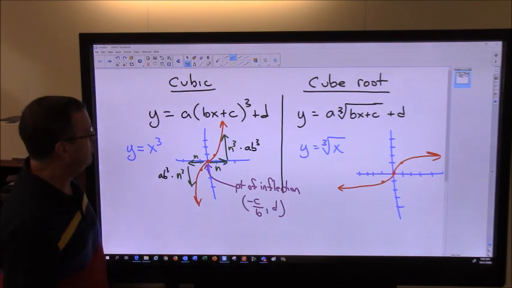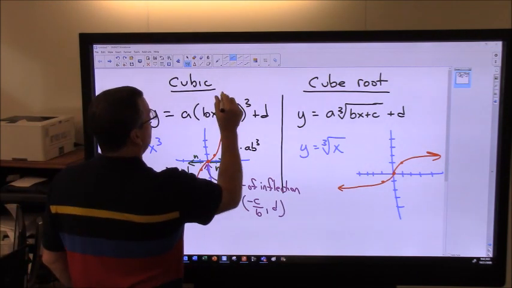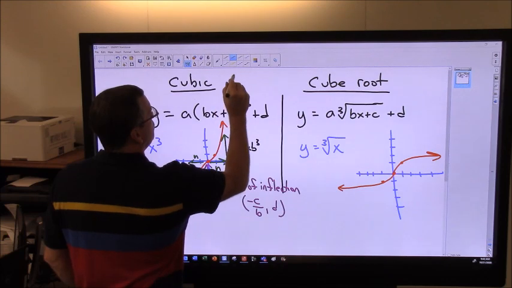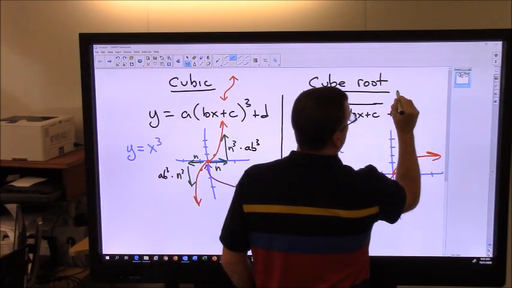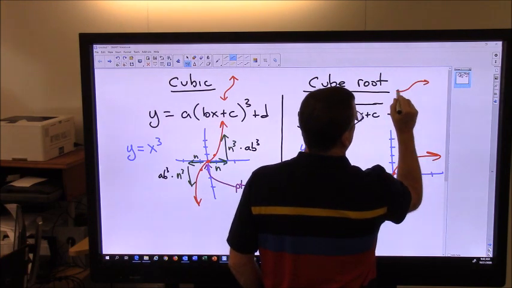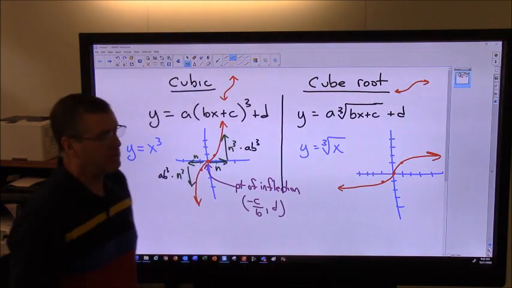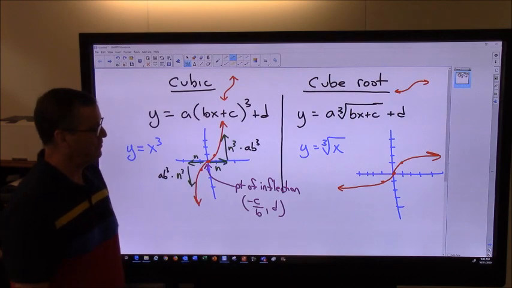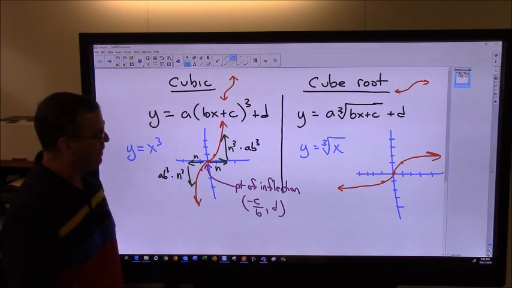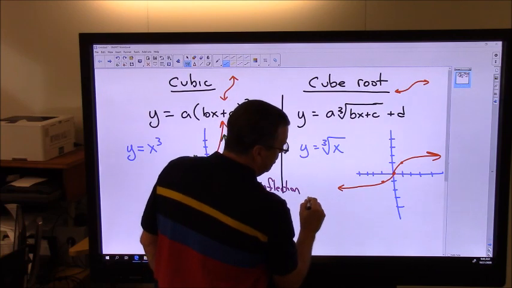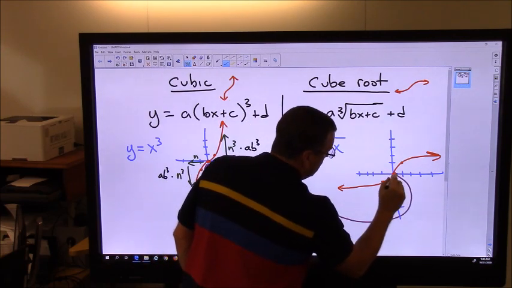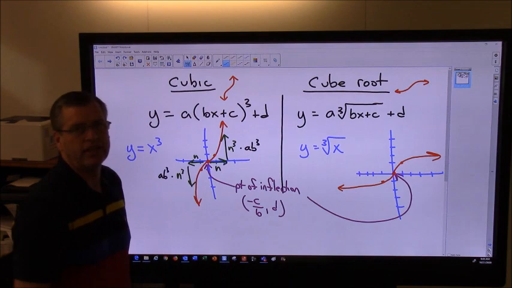So the important thing to remember is the cubic function stretches up and down. The cube root stretches to the left and to the right. That's the thing that's really important to remember. Okay? This point right here is still called a point of inflection.